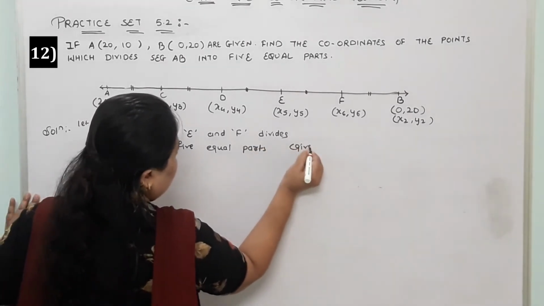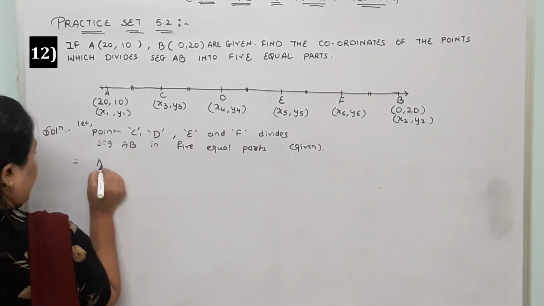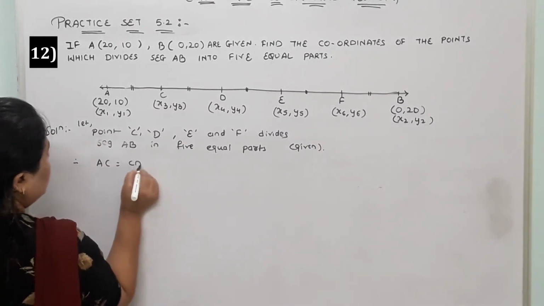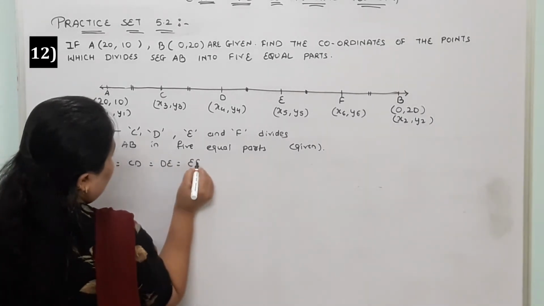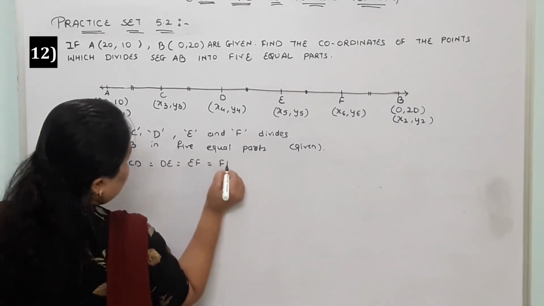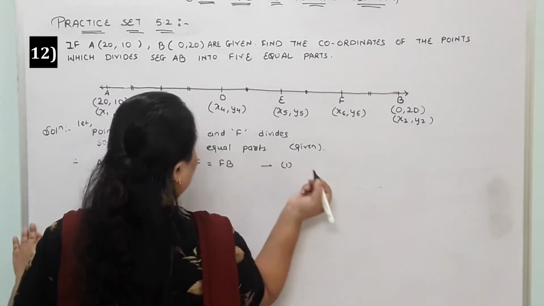Given. Therefore, AC is equal to CD is equal to DE is equal to EF is equal to FB. Okay, this will be your equation 1.